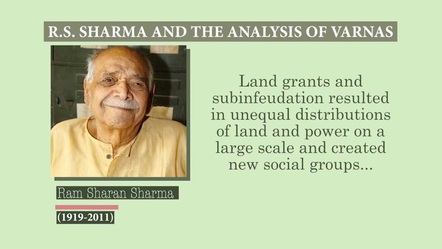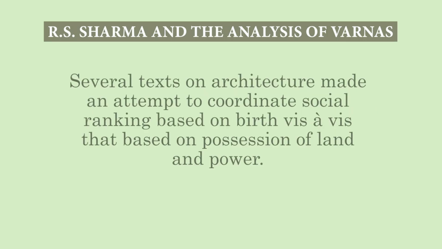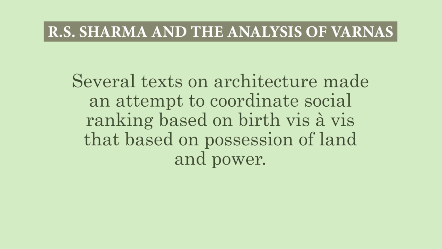According to Professor Sharma, land grants and sub-infeudation resulted in unequal distribution of land and power on a large scale and created new social groups which went beyond the rigid structure of the fourfold Varna order. Several texts on this issue made an attempt to coordinate social ranking based on birth vis-a-vis based on possession of land and property and power.